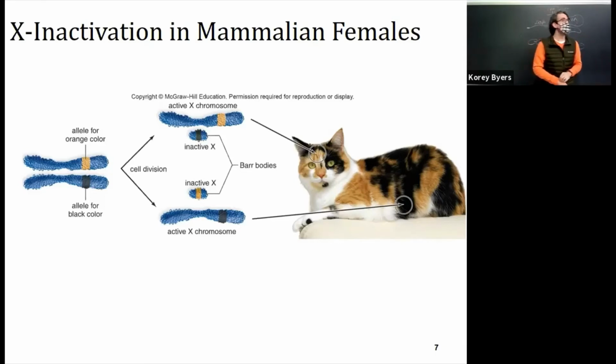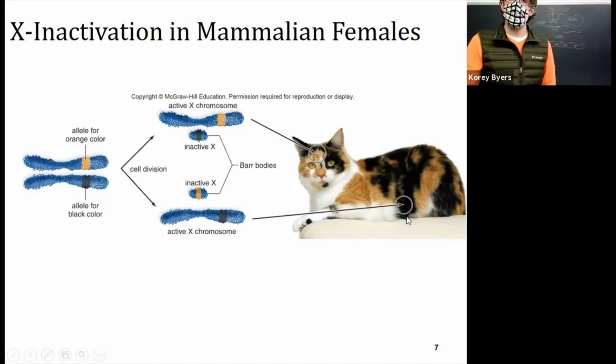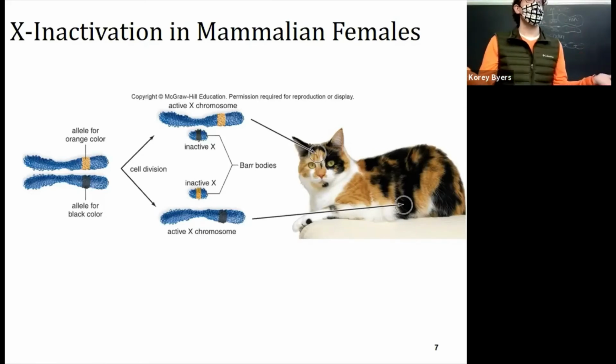Depending on what cell we're talking about, one X chromosome is a Barr body and one is not. If your black chromosome is on the Barr body and it's coiled up, it's not going to be expressed. If your other X chromosome is orange, it's going to be expressed. So depending on which one's the Barr body, that's the fur color we're going to see. It won't be a blend, it's going to be one or the other.